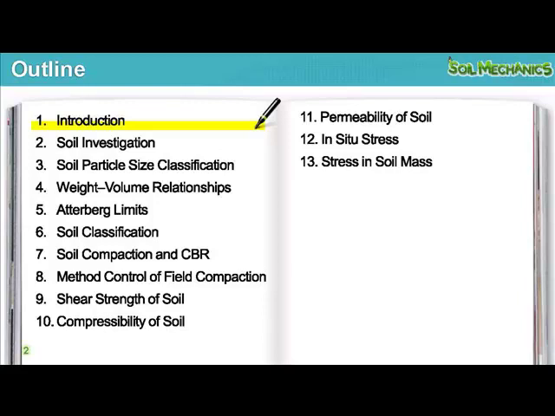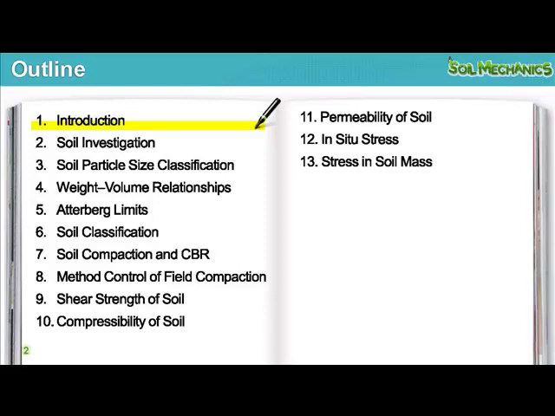It has soil stress, in situ soil stress, because of the weight of the soil. From those parameters, we use it for analysis such as foundation or retaining wall as well.